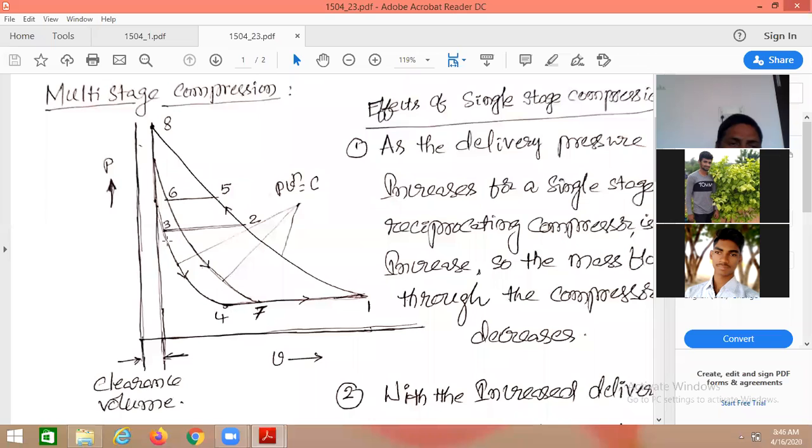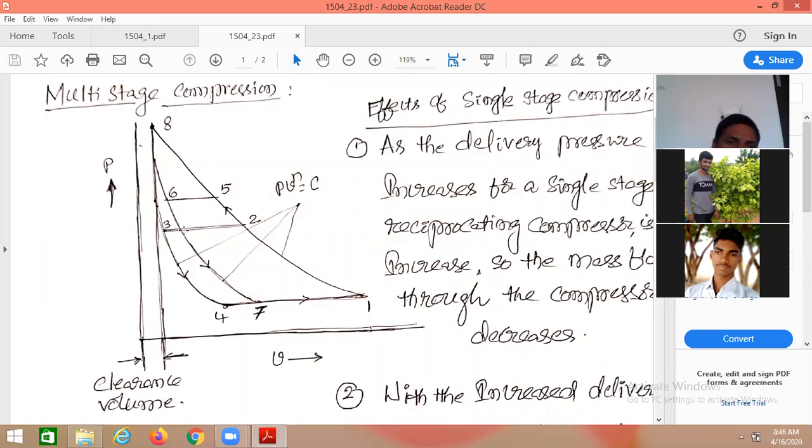After the pressure drops from 3 to 4 in the return stroke, the suction stroke of the cylinder, the pressure at 4 is lower than atmospheric pressure, so the inlet valve will open from here to 1, and the fresh air will enter the cylinder.